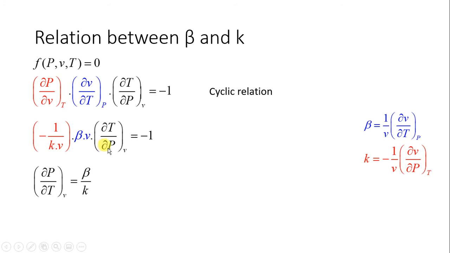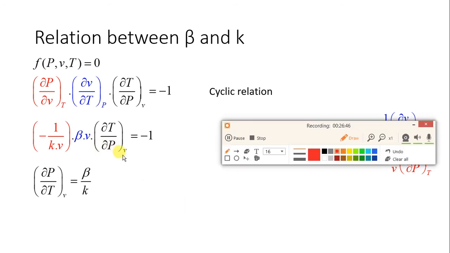Let me show you. This will go on the right hand side. So what you will get? Dou P by dou T when volume is constant equal to beta by K. So this is the relation through which beta and K are connected.